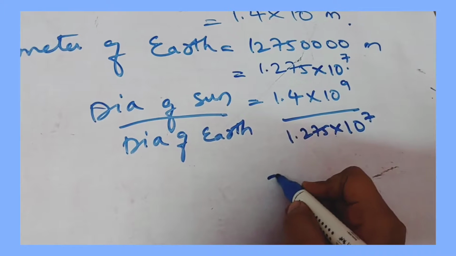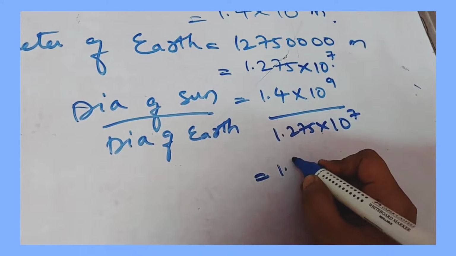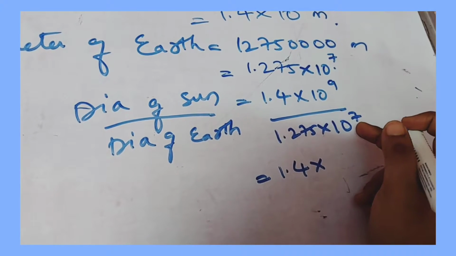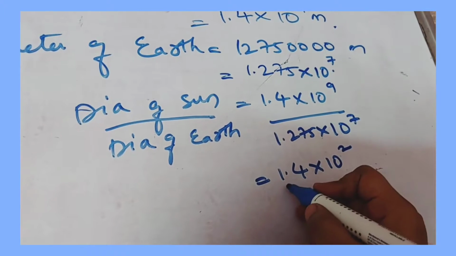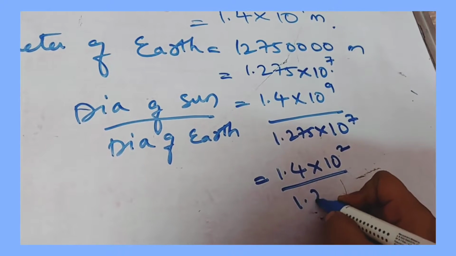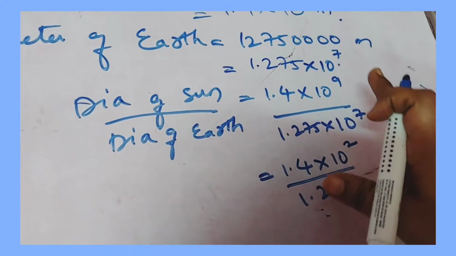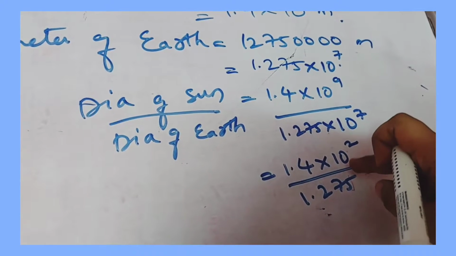So now what you have to do, if you cancel these, what answer you will get? 10 to the power of 9 and 10 to the power of 7 get cancelled, and you will get 10 square here, by 1.275.